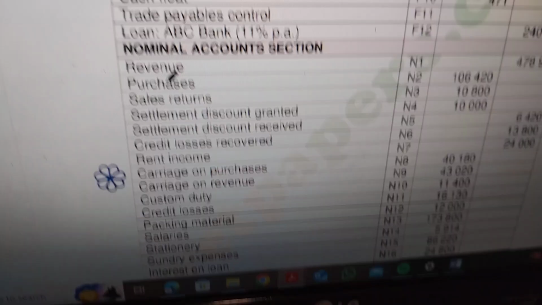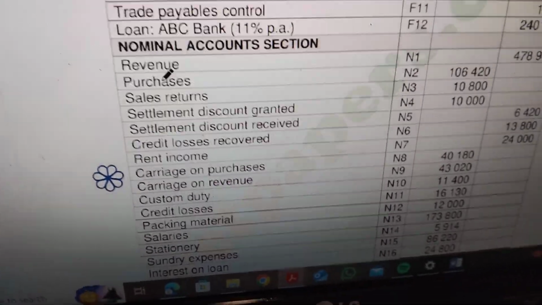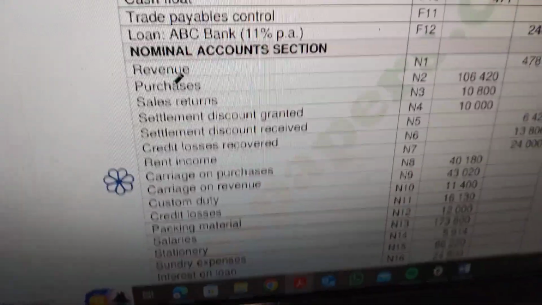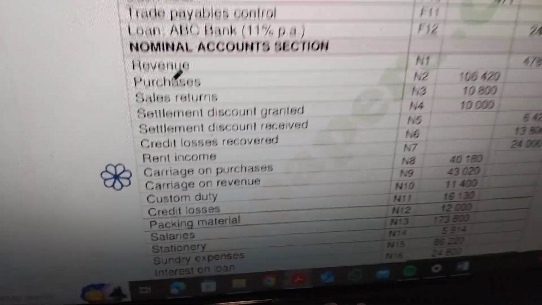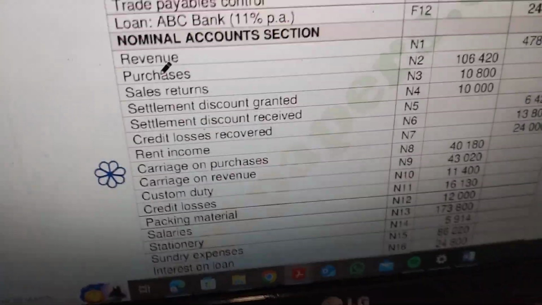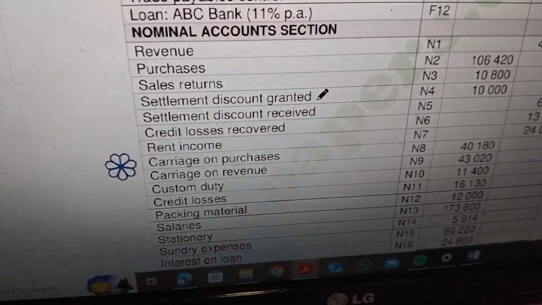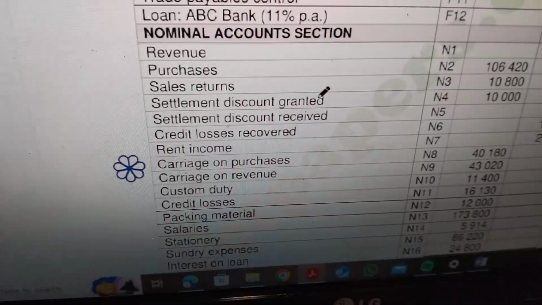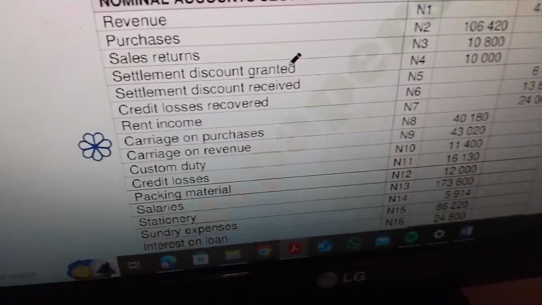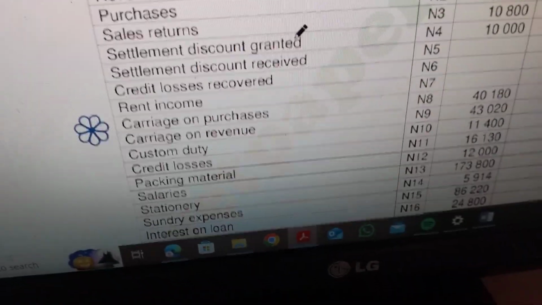So it has 3 names: turnover, revenue, and sales. What must be subtracted within the revenue? You're going to subtract your settlement discount granted. You're also going to subtract the sales return.